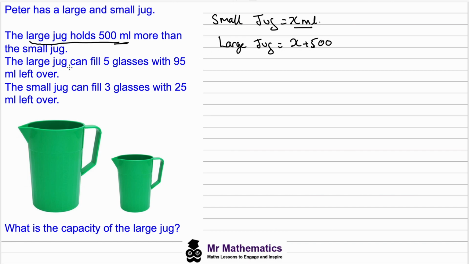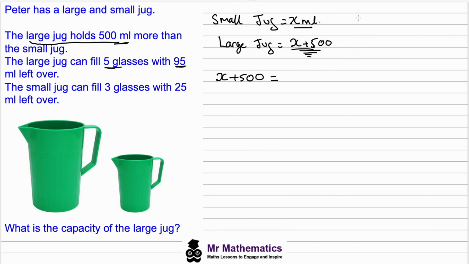And then we're told that the large jug can fill 5 glasses with 95 milliliters left over. But we know that this is the capacity of a large jug. So X plus 500 can equal 5 glasses plus 95 more milliliters.